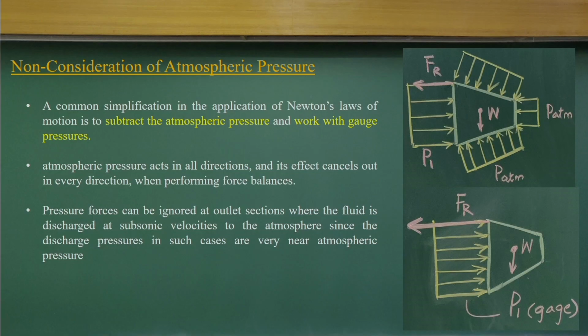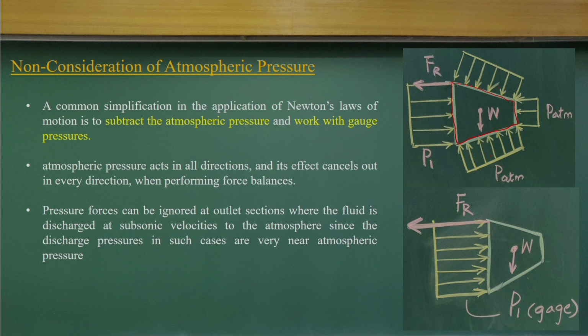Now, let us consider a very important point before applying the linear momentum equation to a control volume. If you look at this control surface, on these 3 faces the pressure is atmospheric. The absolute pressure is the atmospheric pressure plus the gauge pressure.